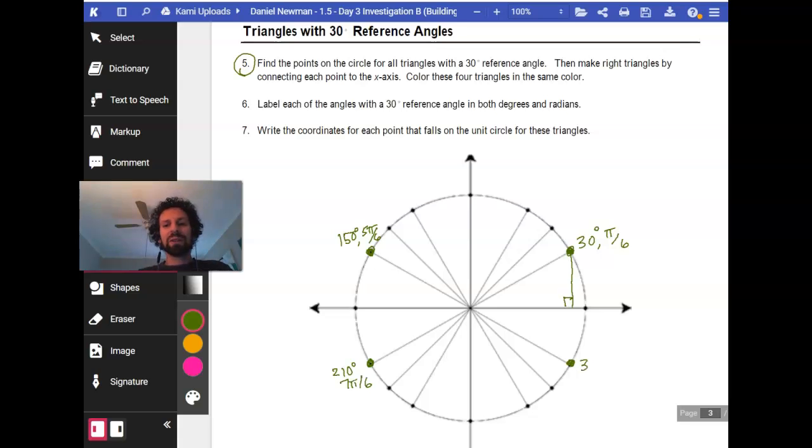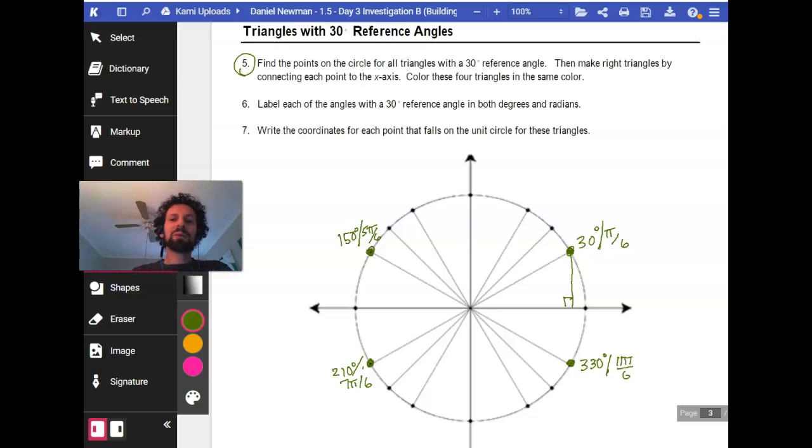And lastly, we have 330 degrees, and you can also think of that as 11 pi over 6. And maybe I'll use a slash just to show you that we're not dealing with points right here. We're actually dealing with angle measures.